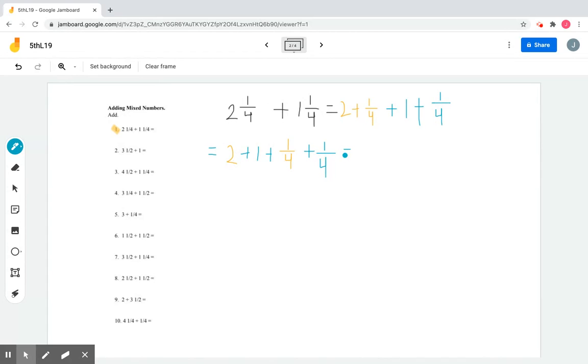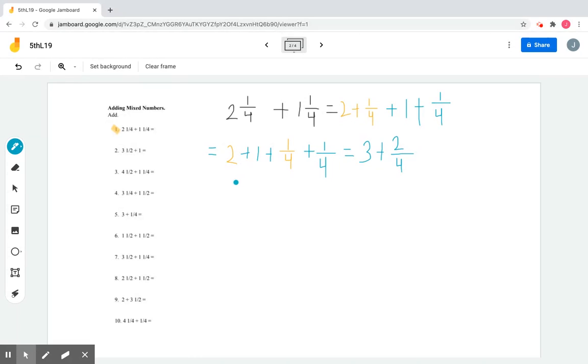Alright, so after adding the whole number, it will be 3 plus 1 over 4 plus 1 over 4. So 1 plus 1 is 2. So it will be 2 over 4.